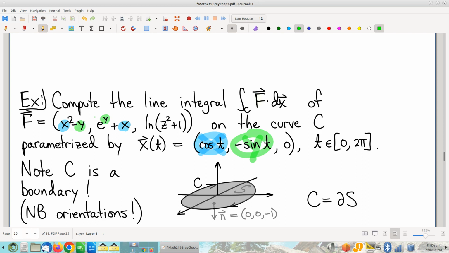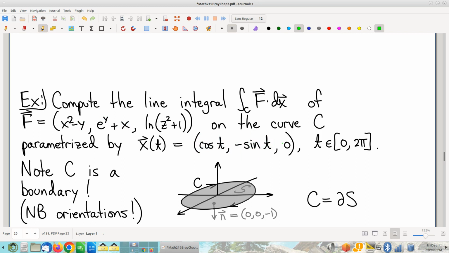I'm going to have trig inside of an exponential, right? It's not that I can't deal with that. I don't know, I might not be able to deal with that. I'm not sure, but it's certainly something that I don't want to have to deal with. All right, so I don't like the pullback for this. Fundamental theorem of line integrals.